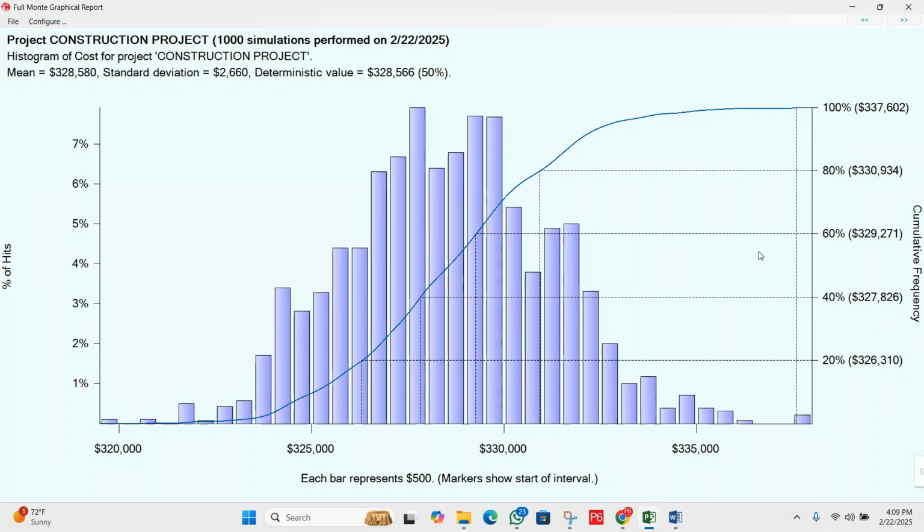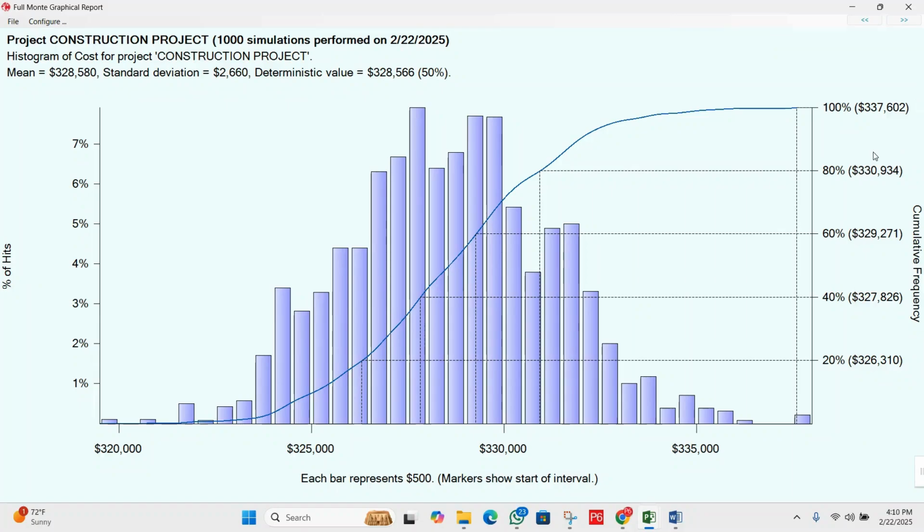The deterministic estimation of 328,566 is optimistic, as there is only a 50% chance of achieving it. A more reliable cost estimate is around $330,934, with which we have 80% confidence to avoid a budget overrun.